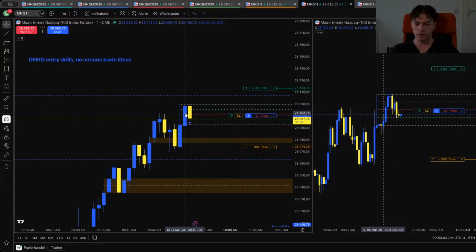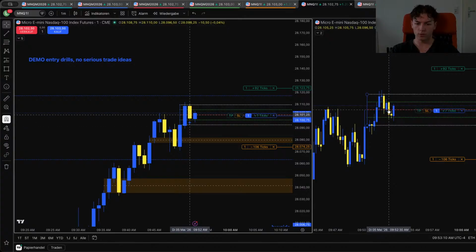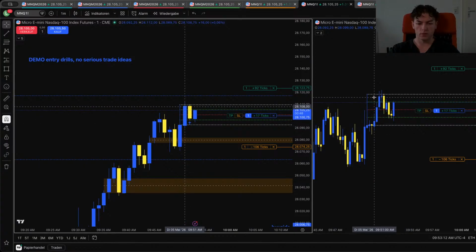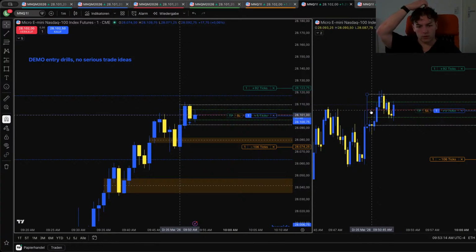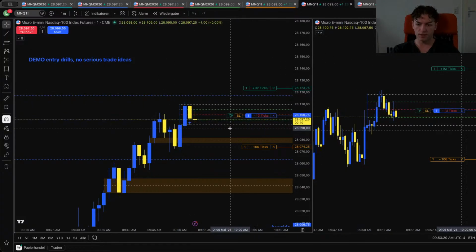Okay, price is closing below this midpoint. Preferably I would like price to close above this midpoint, but we close below it. So we want to see immediate feedback and trade higher.